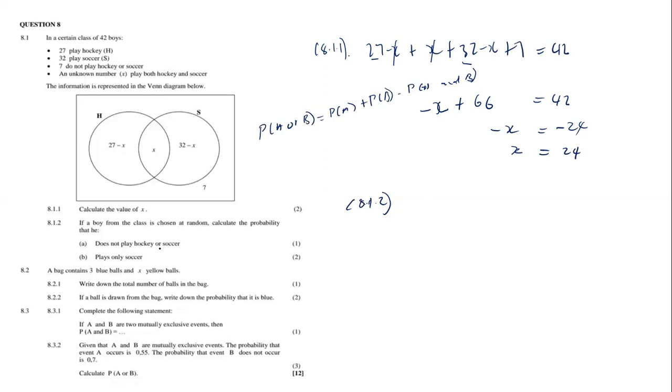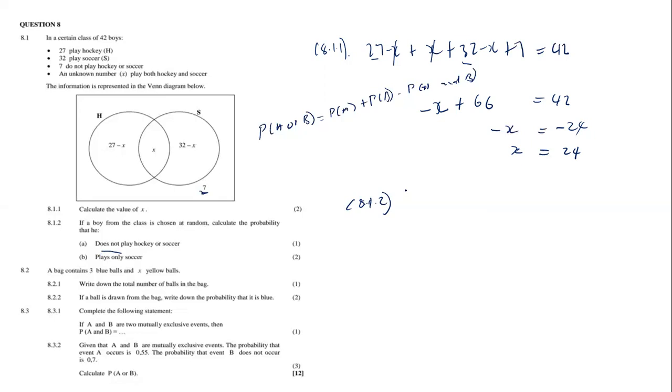Here we have people who are playing hockey, and people who are playing soccer. We want those who do not play hockey or soccer, which in the sample space is this one. So 7 is the only number standing alone there, without soccer or hockey.